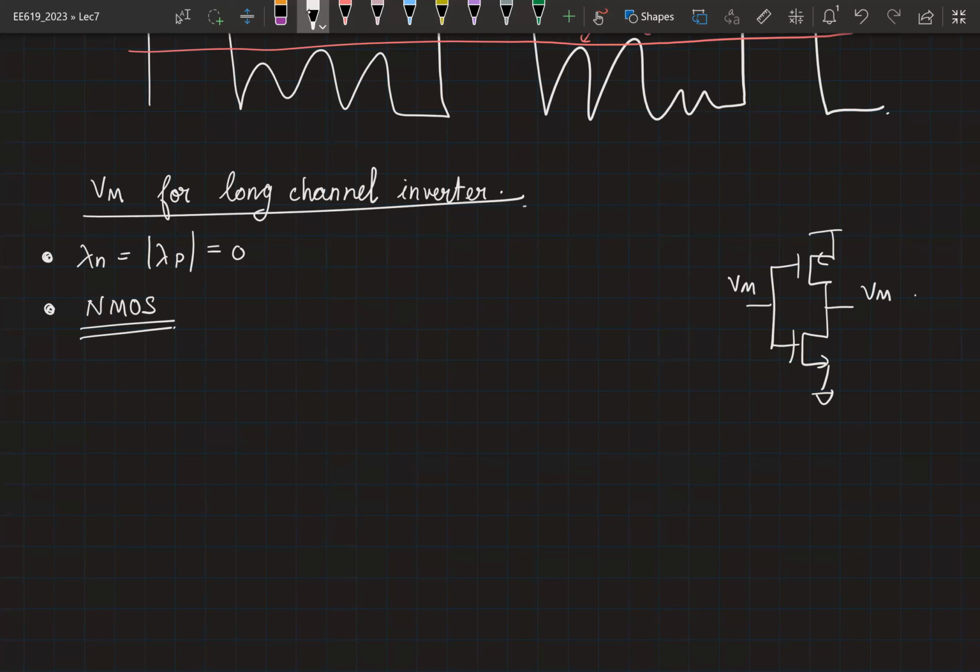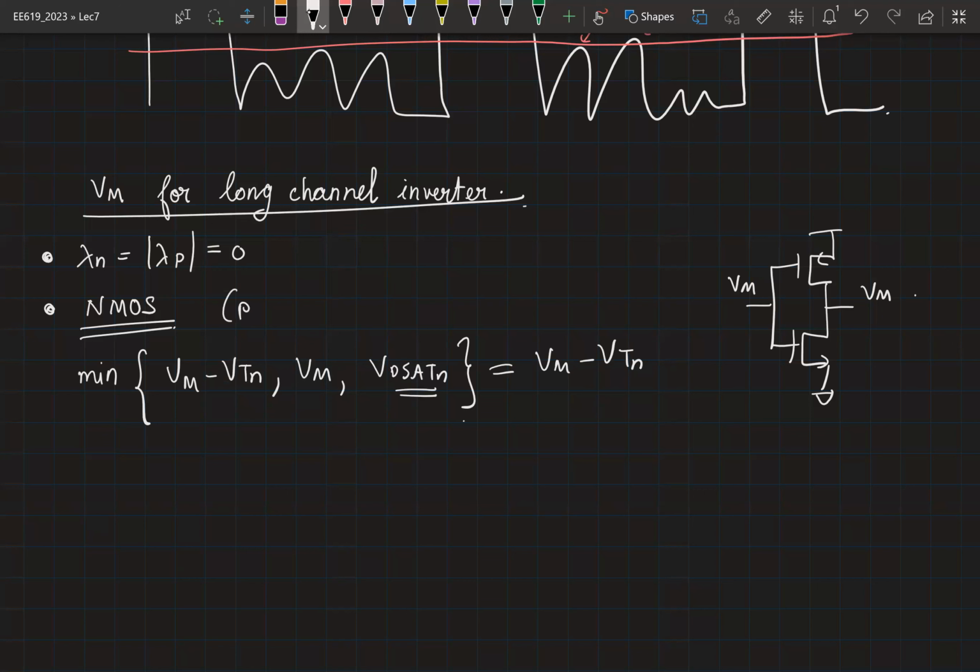Again, we have to look at the minimum of 3 quantities: the minimum of VGS minus VTN, which would be VM minus VTN, VDS, which is VM, and VDsat n. Because we are dealing with a long channel transistor, the value of VDsat n is expected to be higher than VM minus VTN. Therefore, the minimum value is expected to be VM minus VTN. Hence, this is in pinch off saturation. What is the region of operation for PMOS? Same, pinch off saturation. You can repeat the same process for the PMOS as well.